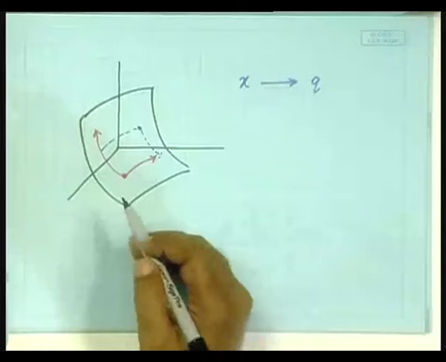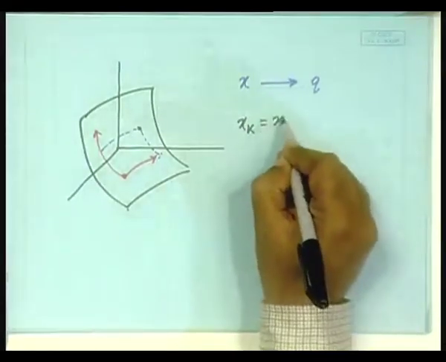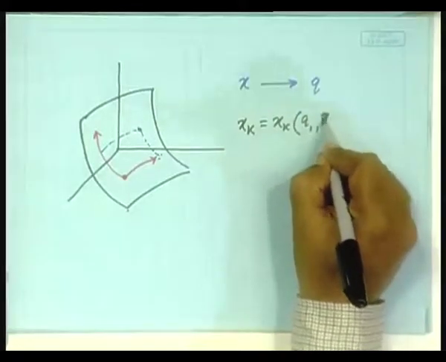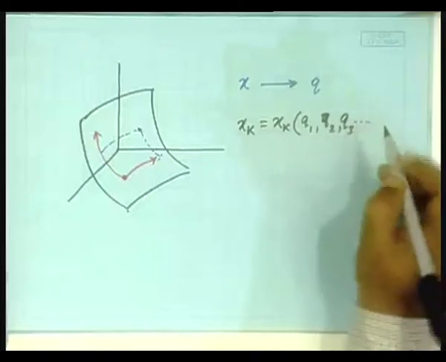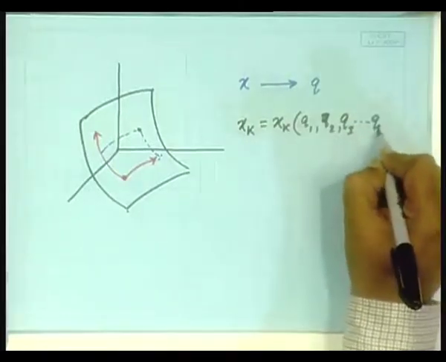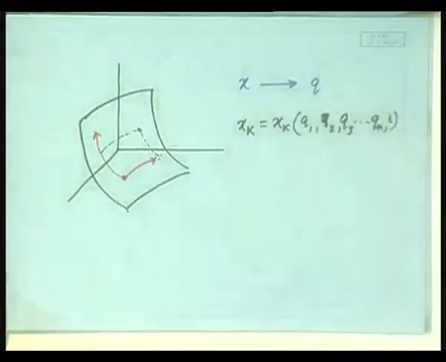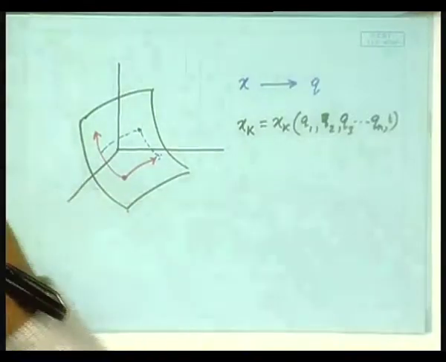Fine. And that would be given by some kind of a transformation equation where the x k can be expressed as functions of q1, sorry, q2, q3 to qn and possibly also time. So, that is the coordinate transformation equation.